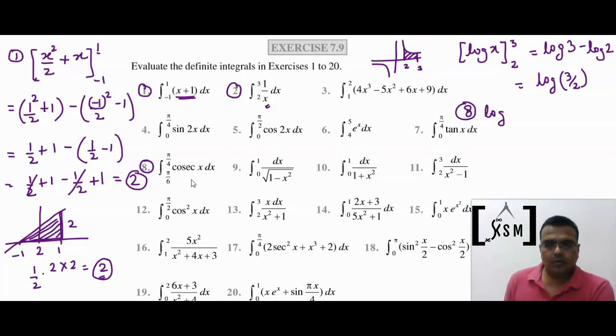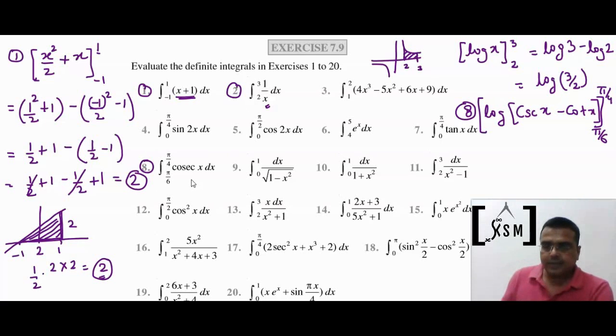Log cosec x minus cot x, and the limit is from pi over 6 to pi over 4, right? So let me write it. Pi over 6 is the lower limit and pi over 4 is the upper limit.